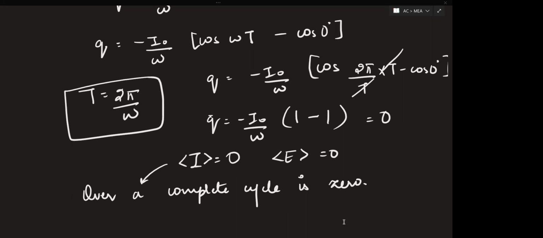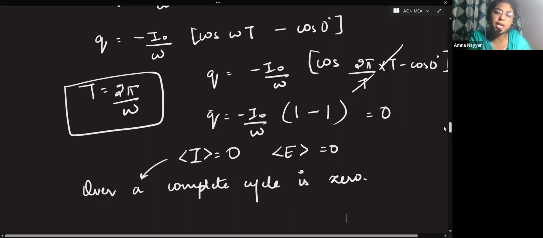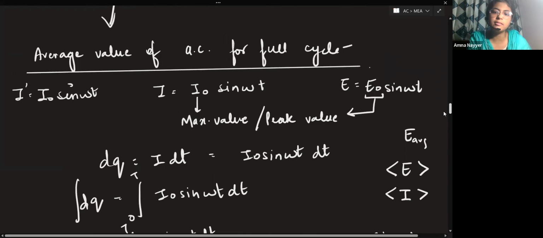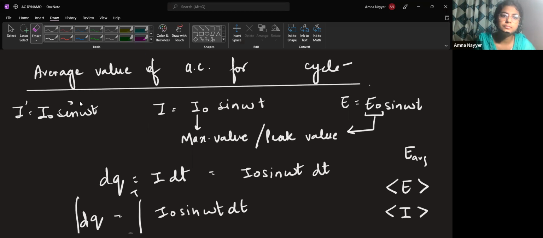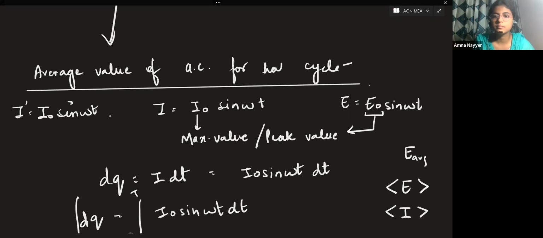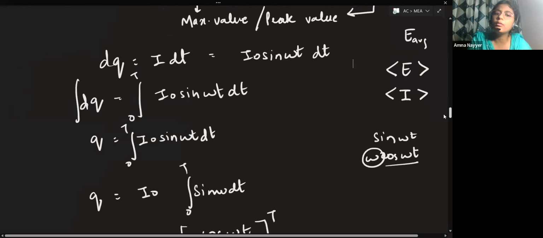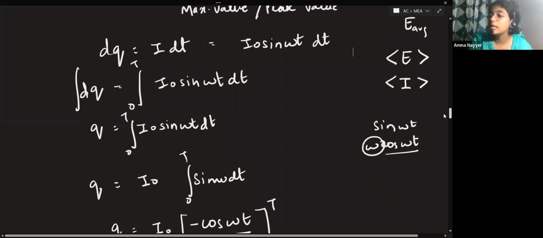Class, if we are calculating for a half cycle, there will be a very slight change in the calculation. The fact that made it unique for a complete cycle was that the time period was from 0 to capital T. Now the time period will be 0 to T by 2.